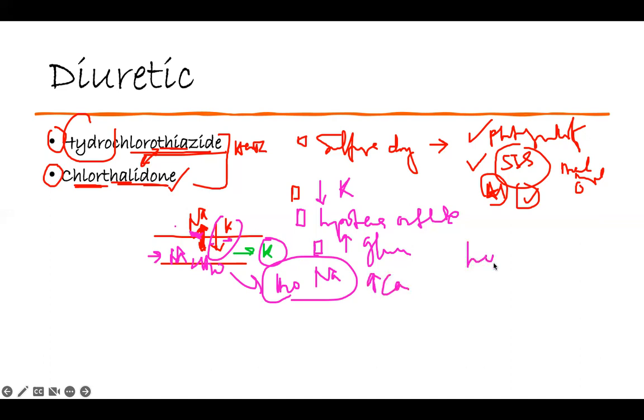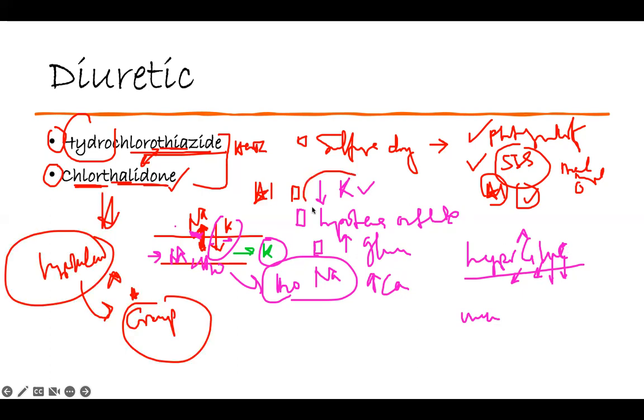So for thiazide, I call it hypergluc: high glucose, high lipid, so they become hyperlipidemic. The uric acid goes up, and then calcium also goes up. But if somebody is on this medication, look for low potassium.